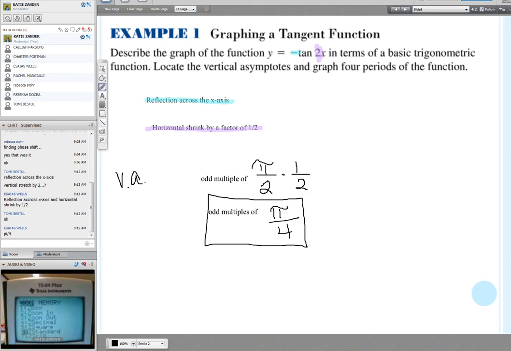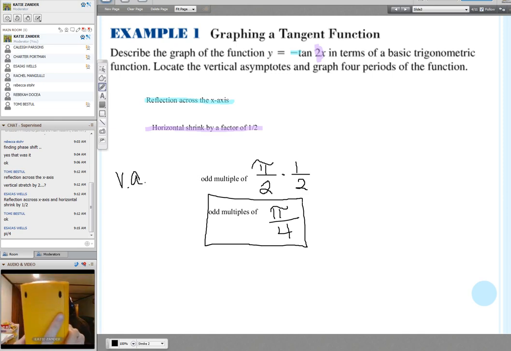If you ever need to get back to the 10 by 10 viewing window, you have to go to the zoom button right in the middle here, and then number 6 is the standard coordinate plane. So if you just hit zoom and then number 6, it's going to give you back to that window.